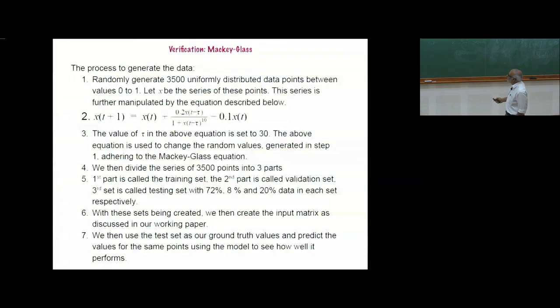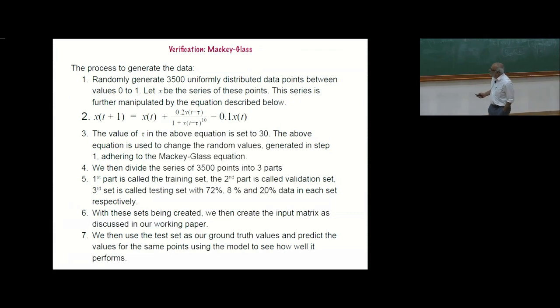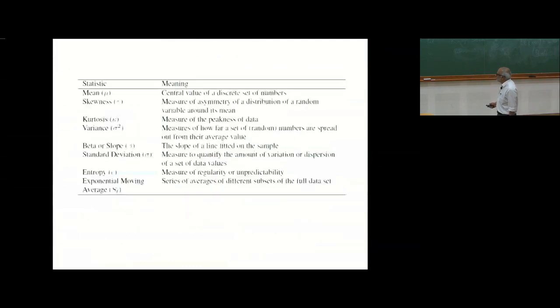Now, the first thing is verification. We use the Mackey-Glass time series, a chaotic time series you can generate. It was generated, and then we looked at it. Again, let me go back and tell you what the method is.